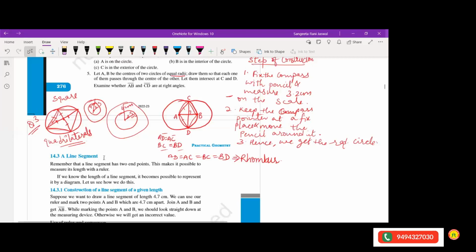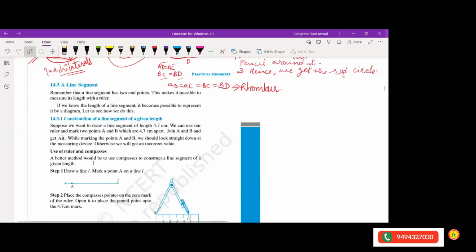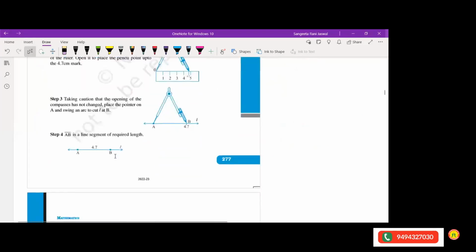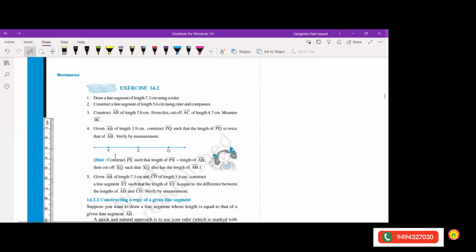Now the next one is the line segment. This is the same as we did yesterday, how to make a copy of a line segment. I'll show you again.